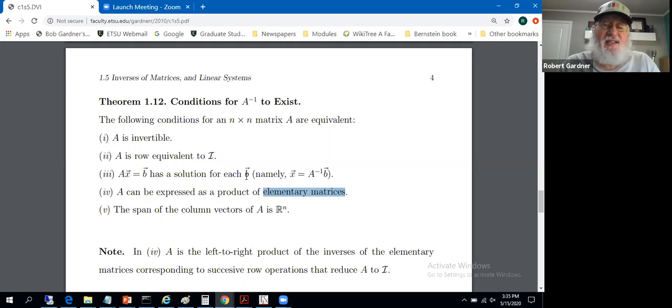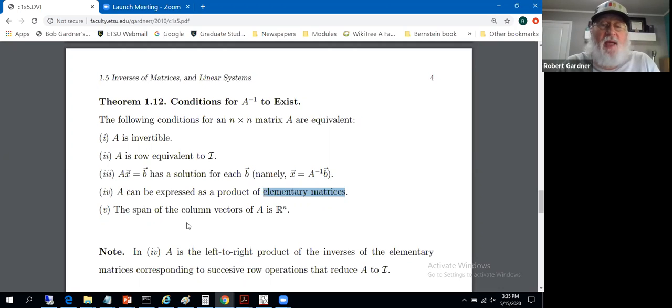We're just using the inverses, in a sense, of the elementary row operations that reduce A down to the identity in determining these elementary matrices. More of that in a second. If there's nothing but elementary matrices in A as a product, then they're related to the row operations that will reduce A down to the identity. More of that shortly. How they're related is a little involving inverses.